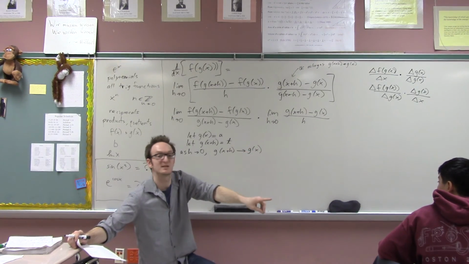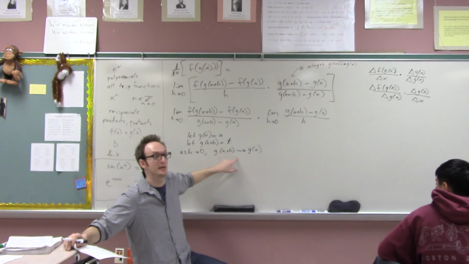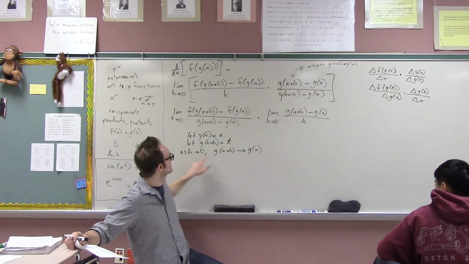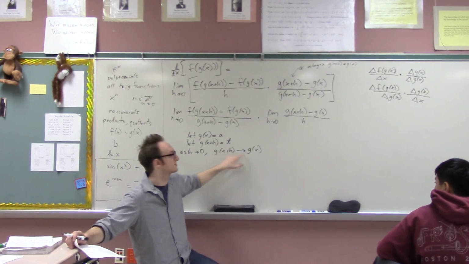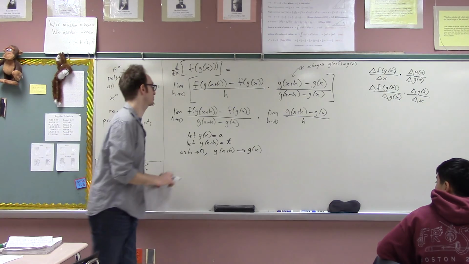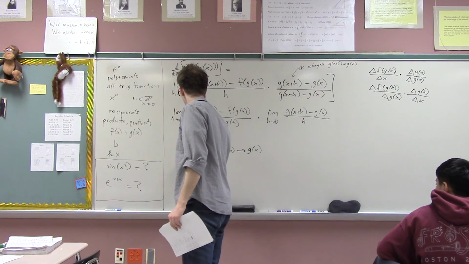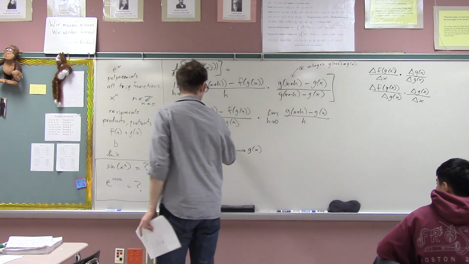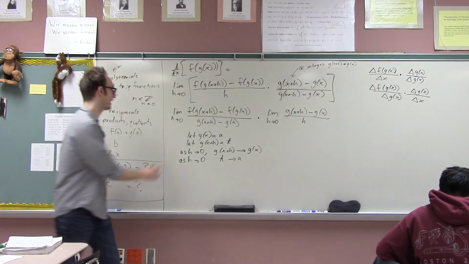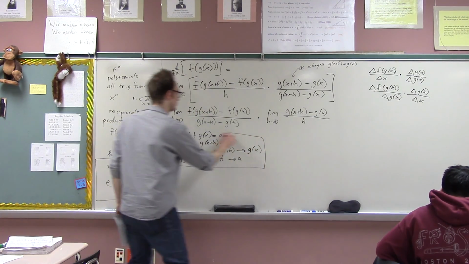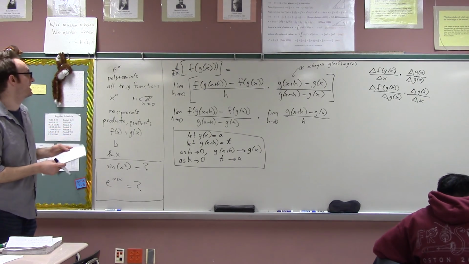That g is continuous, right? This is basically the definition of continuity, that g is continuous at x. So since this is true, as h goes to 0, t goes to a.